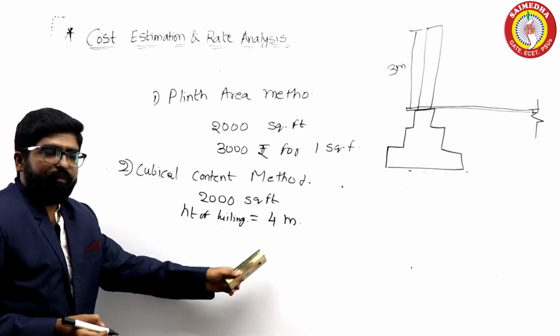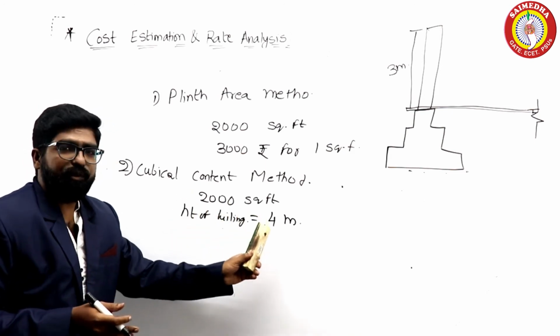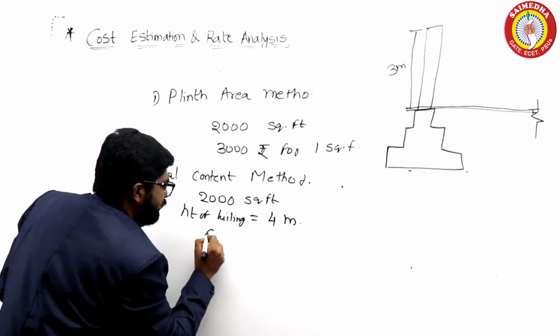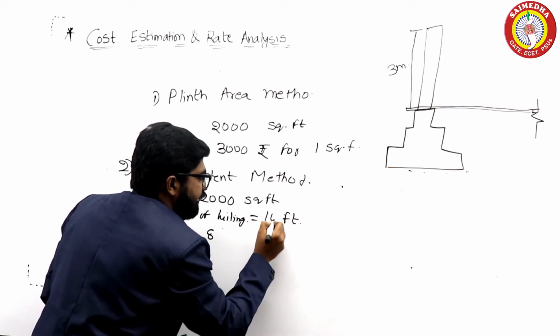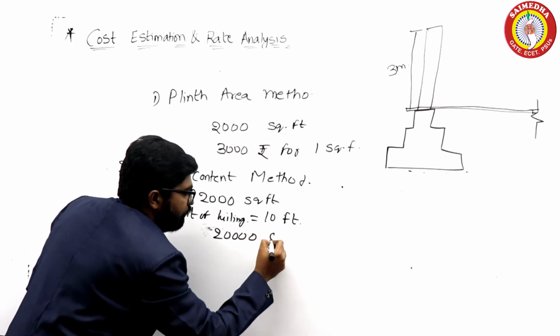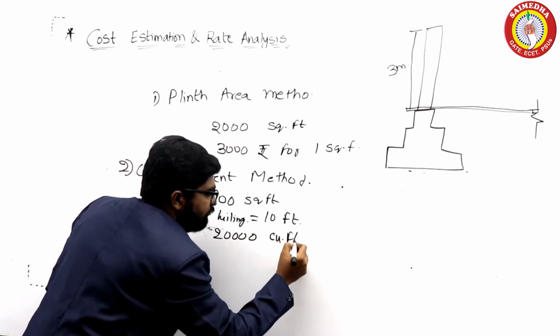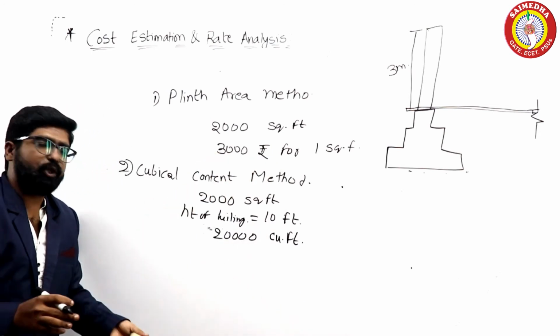So that house is considered as a cube. So 2000 into 4, which gives you 8000. Let me take this in feet. Then it's 10 feet, so 20,000 cubic feet, right? And they will give you cost also according to cubic feet.